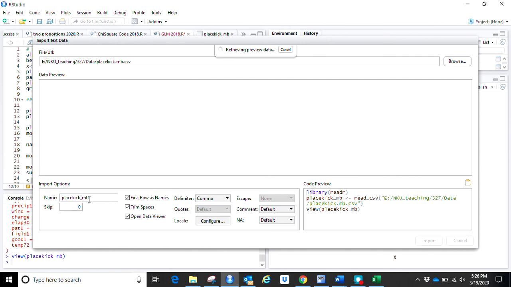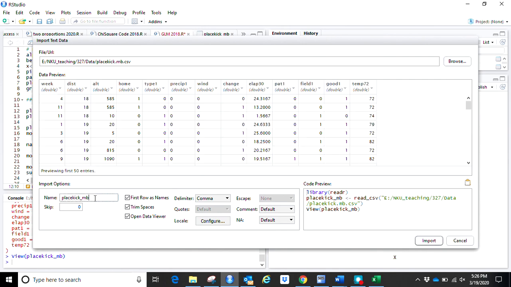So down here you could change the name of it if you don't want it read in with that _MB. So if you wanted to, you could just rename it and call it placekick, so you can name it there yourself if you want.